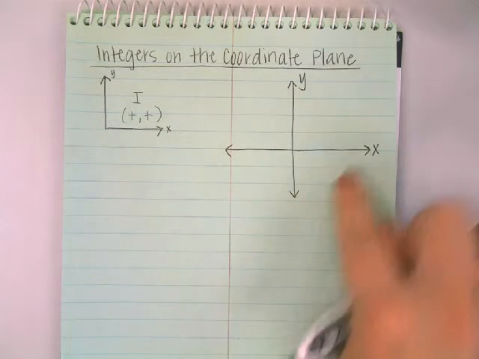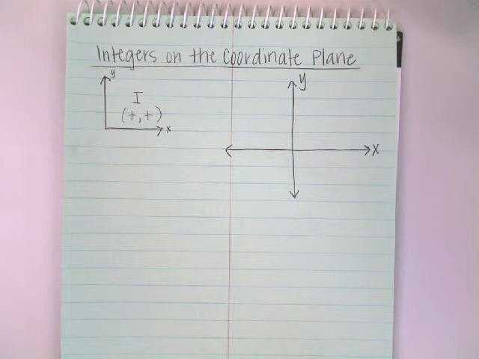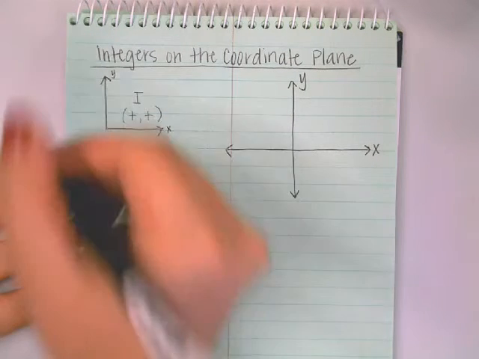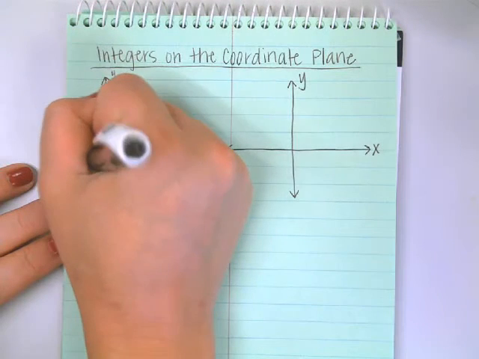Alright, so before we get back to actually graphing any points on this coordinate plane, we've got to take a step back and talk about some different things that go along with the coordinate plane. The first thing is the ordered pair.